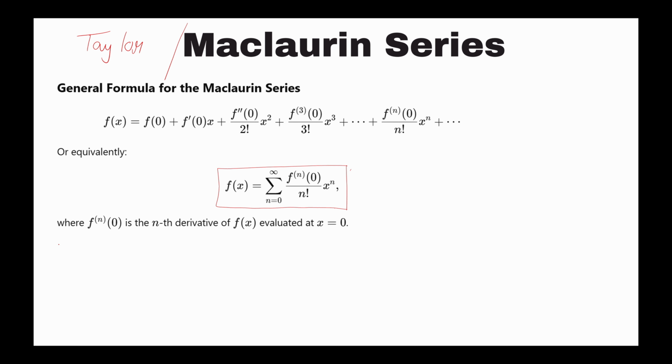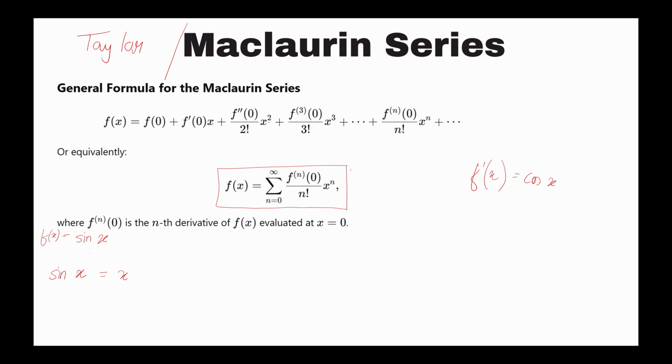So let me take an example. Let's say if I was to open up sin x for you, my f of x is sin x. So as per the Maclaurin series, what can I say? F of x is equal to f of 0. What is sin 0? Sin 0 is 0, so I do not need to write it down. What is my f dash x right now? Sin x can be differentiated as cos x. And now if I put x as 0, cos 0 is 1. So I would have x here.